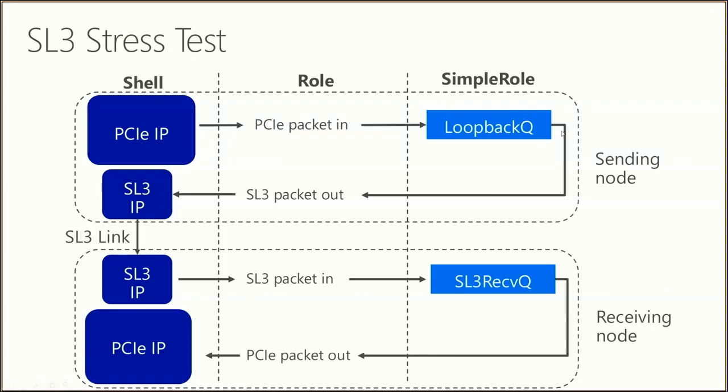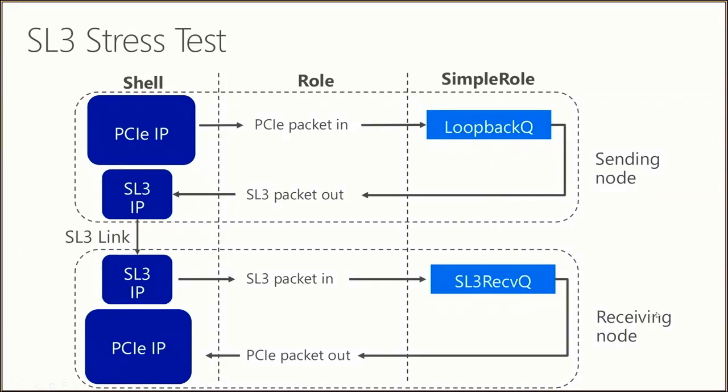When the role receives data from the PCIe IP, it will buffer it in the loopback queue and send the data out through Serialized 3. The shell will handle the real data transfer in Serialized 3.